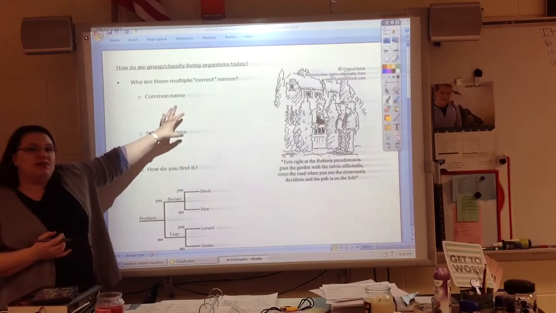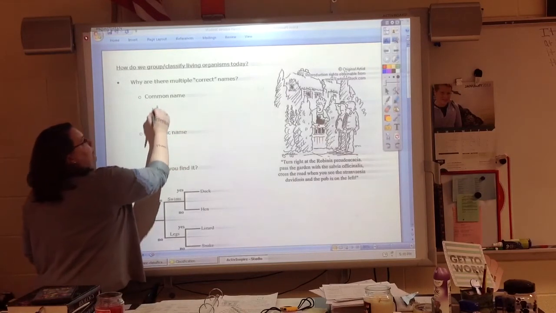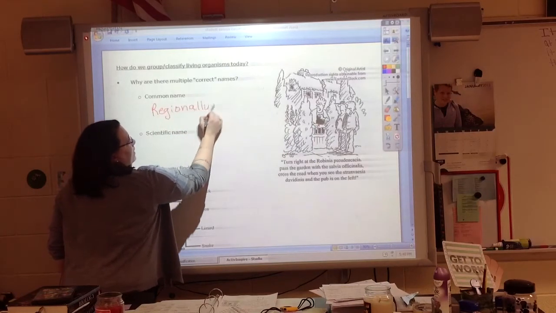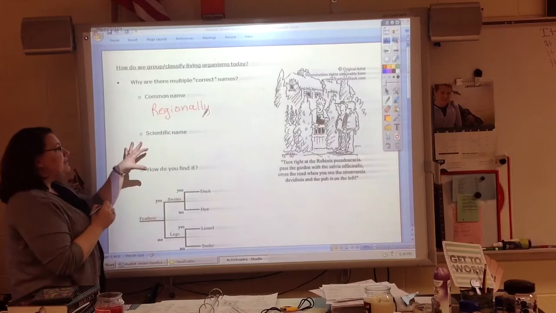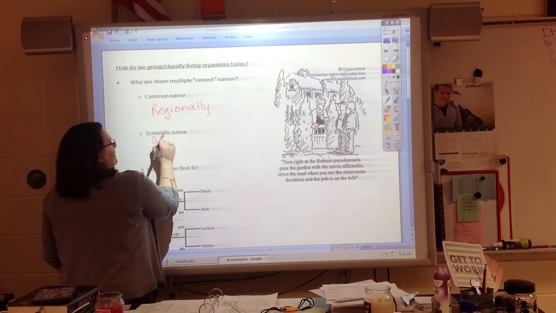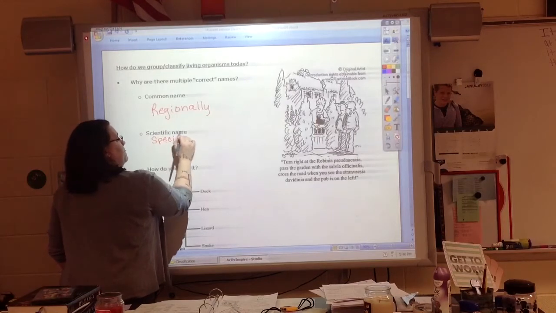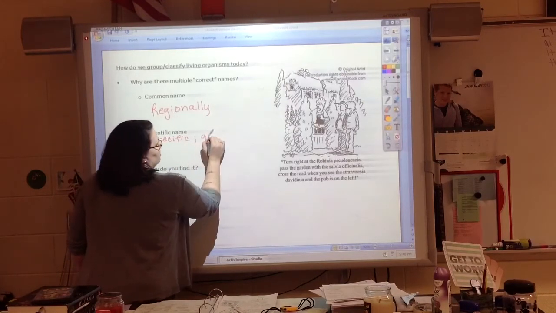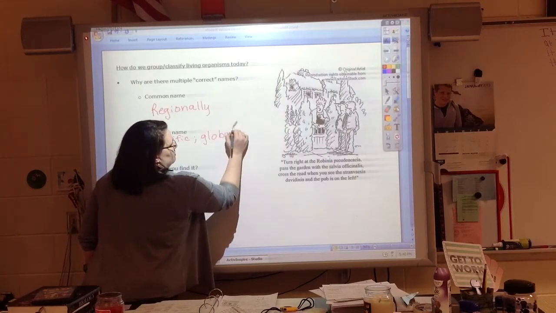Common names we use in everyday life, and they're regionally important. Scientific names are more specific, and they're globally important.